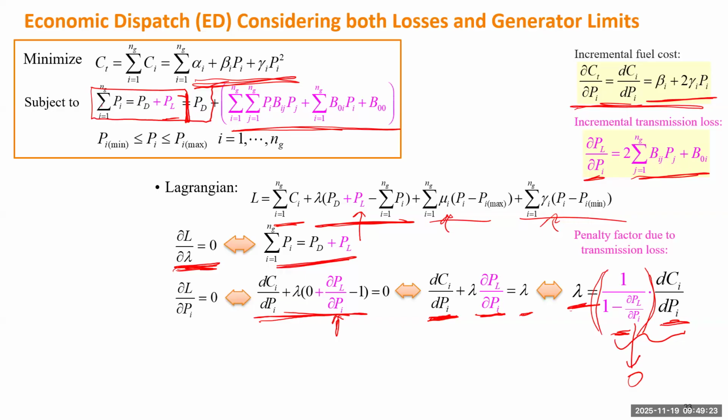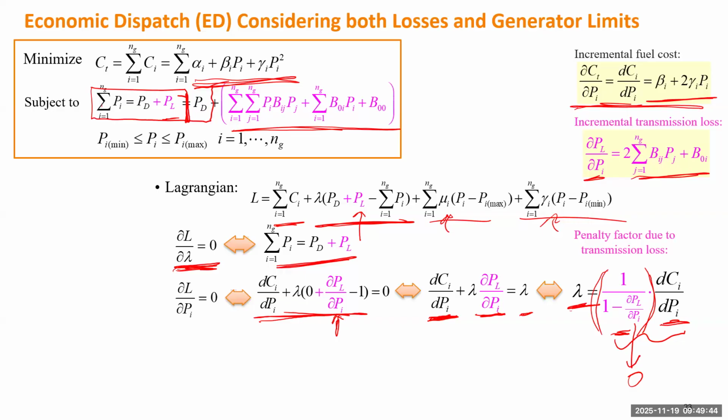But because we consider transmission loss, when you sell electricity, you're not just selling electricity to your terminal at the same location. It's just like you package electricity and ask a truck to deliver it to the user. You have to go through the power network. Then the transmission loss needs to fine-tune your incremental cost a little bit.